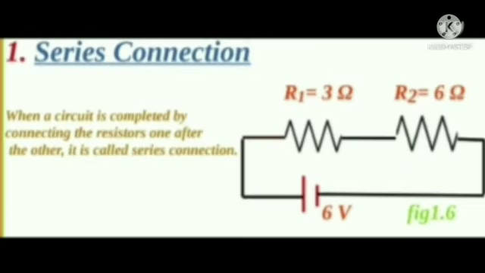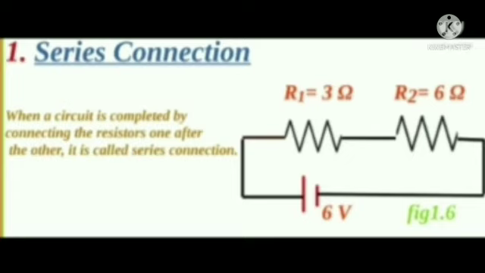We definitely know: of course not. The situation is the same in the case of series connection. With any break in the path of the circuit, the connection is totally collapsed. When a circuit is completed by connecting the resistors one after the other, it is called a series connection.